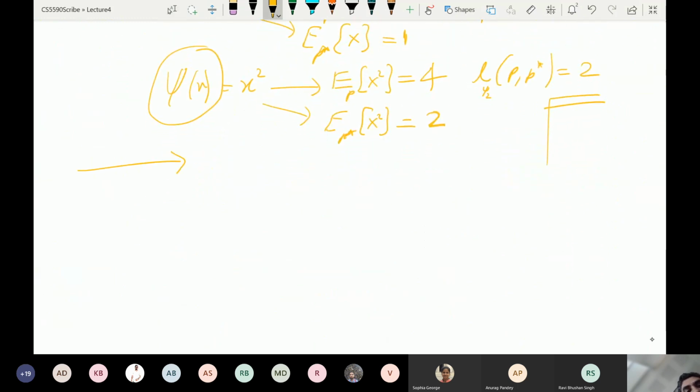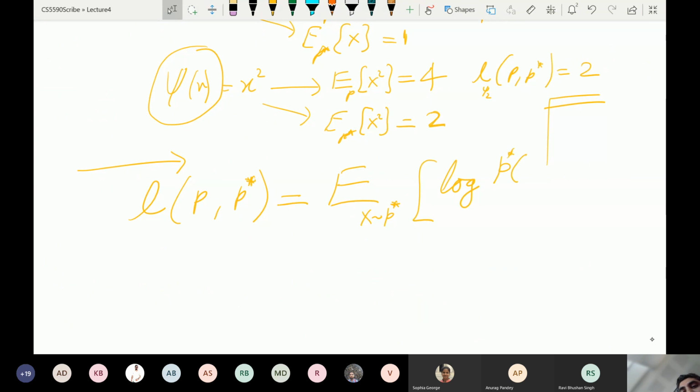So let me give you another loss function. Here's another way of computing the loss function. It is given by the expected value of the following function: p star of x by p of x.